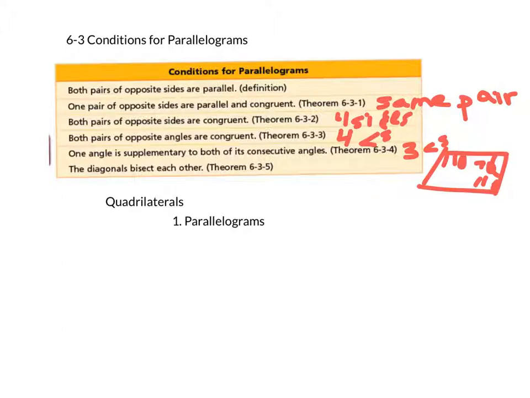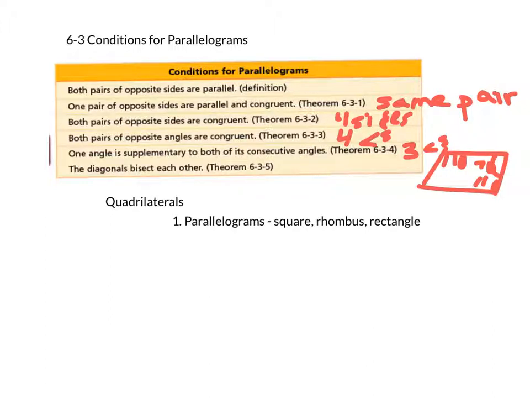But there are specific kinds of parallelograms. There are special parallelograms like squares, rhombuses, rhombi, just write rhombus, and rectangles. So there are 3 types of parallelograms.